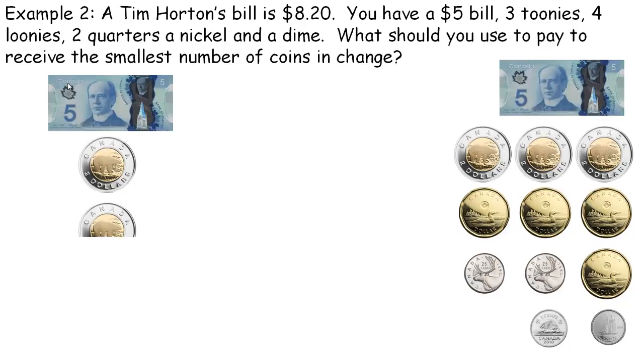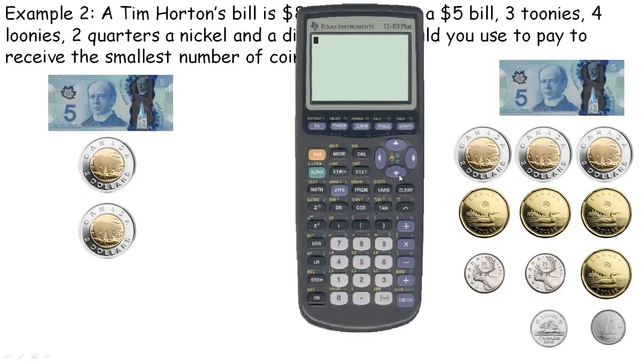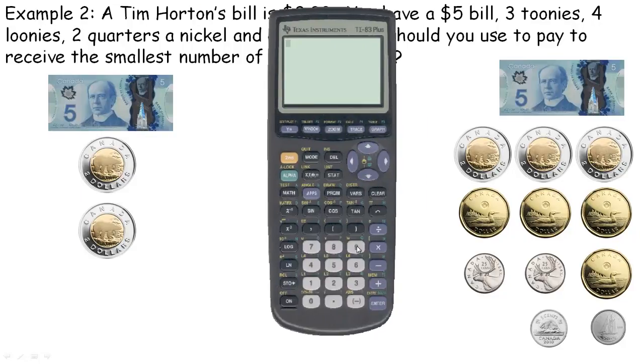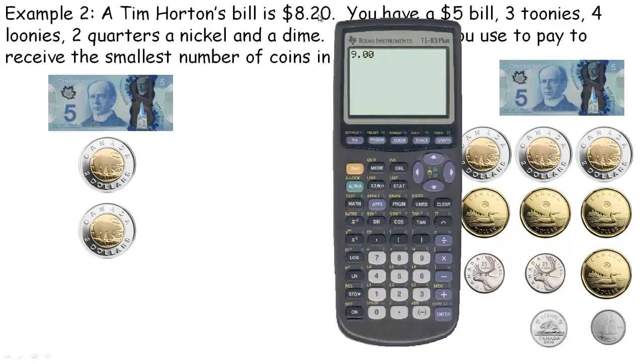One of the more normal things people would do is just give a whole dollar amount. If the bill is $8.20, a 5 and 2 toonies would be $9. So that's 5, 2 more makes 7, 2 more makes 9. If you're giving the cashier $9 and the bill is $8.20, we subtract $8.20 from that, so you're getting 80 cents back in change.